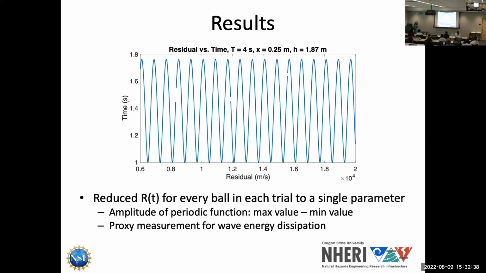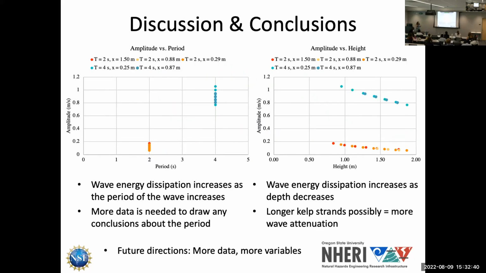There are some interesting findings. Before I talk about the graphs, one variable that I did not include visually, because it showed no statistical correlation, is the amplitude of the residual versus distance from the edge of the mat. The distance from the edge of the mat had no effect on the amplitude, which again is a proxy measurement for the wave energy dissipation.